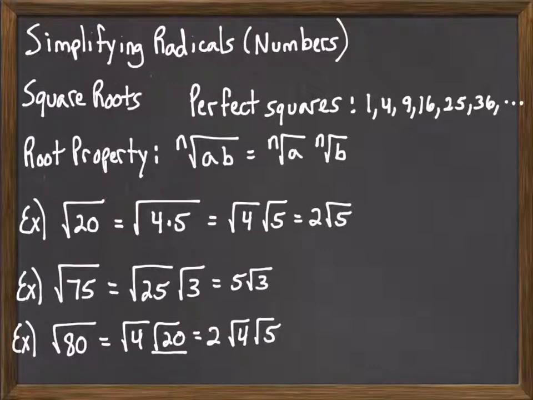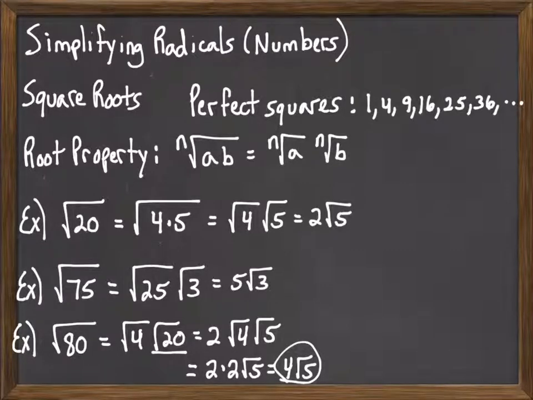And then that square root of 20 though can be broken down further, because see, there's still another square that goes into that. So sometimes you may pick something and take it out, but there may be something more to take out. And so square root of 20 can be rewritten as 4 times 5. So I write square root of 4 times square root of 5. I can then simplify square root of 4 again and get 2. So now I have 2 times 2, which I can write as 4, and 4 square root of 5.